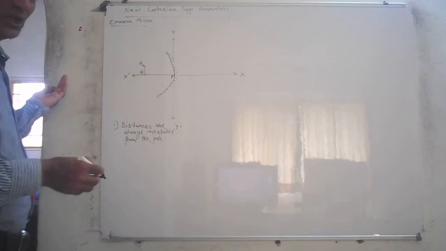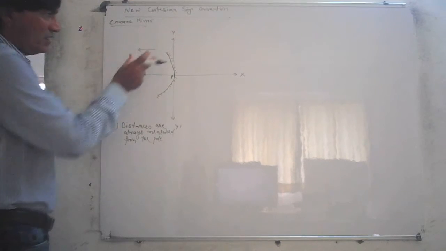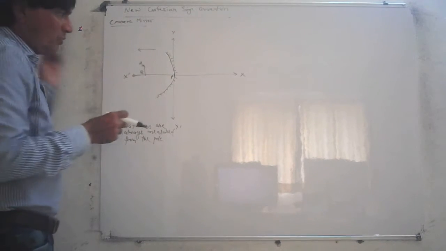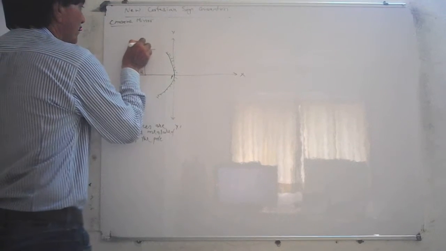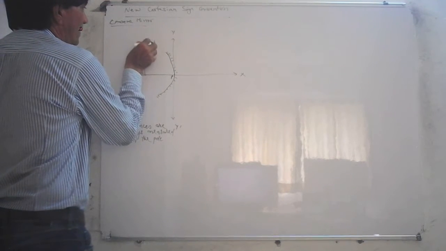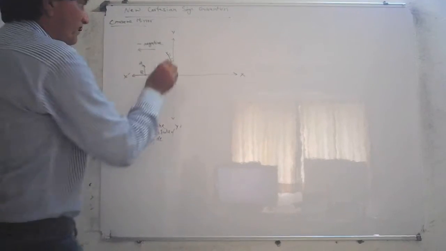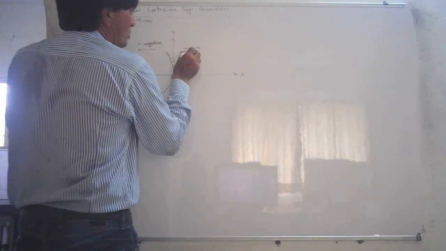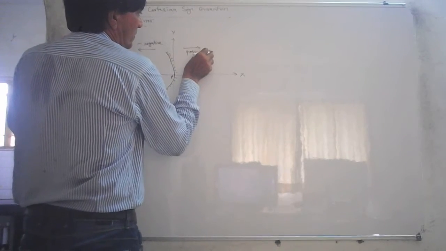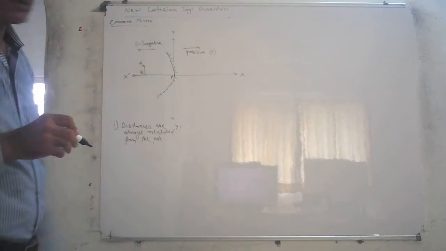The object is on this side, so distance is on this side. You are measuring from the pole on this side. This is always taken as negative. Distances measured on this side are always taken as positive.